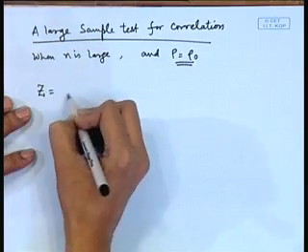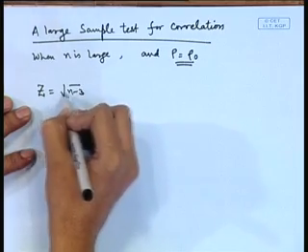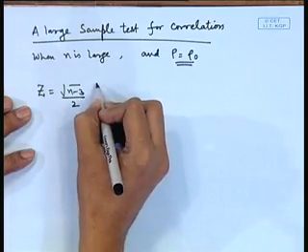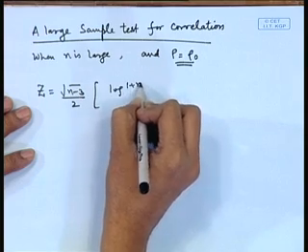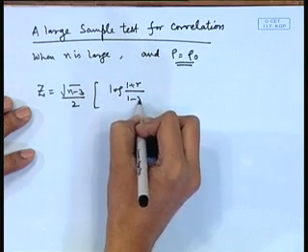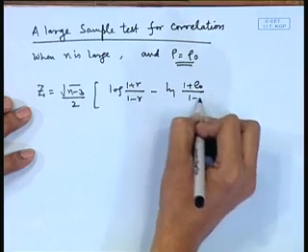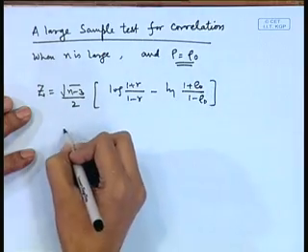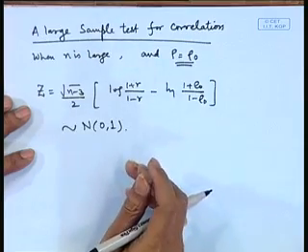z that is equal to root n minus 3 by 2 into log of (1 plus r divided by 1 minus r) minus log of (1 plus rho naught divided by 1 minus rho naught). Then this has approximately a normal 0, 1 distribution.